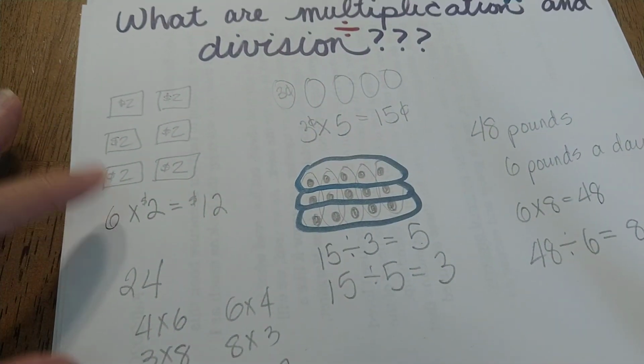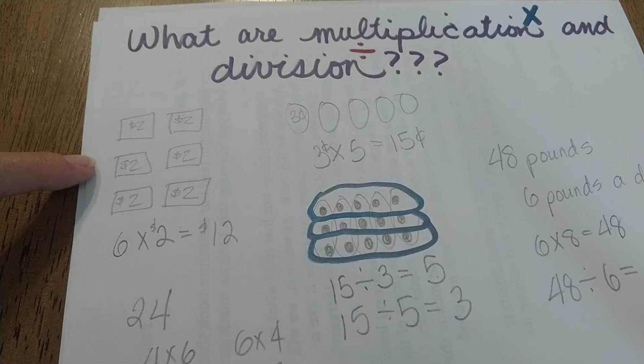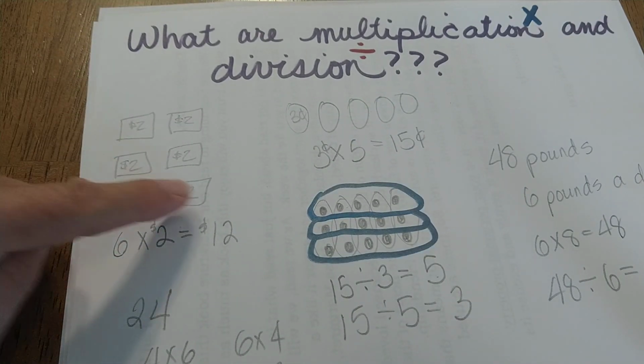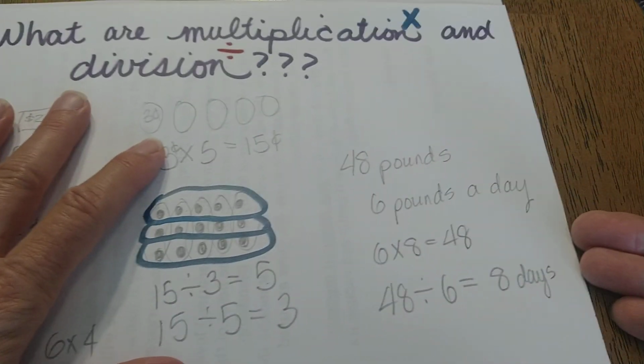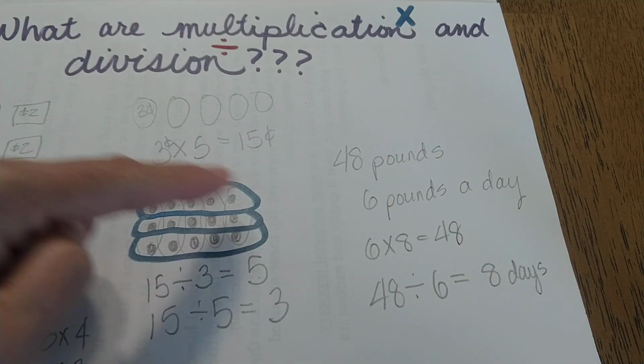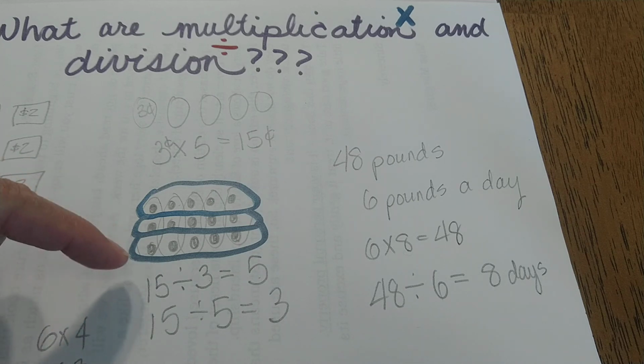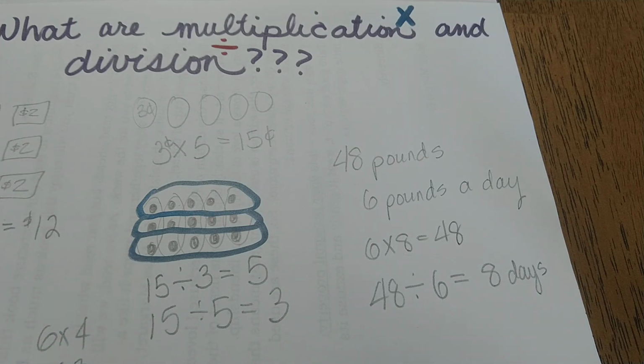And this is what you're doing. When you're multiplying, you're adding the same thing over and over, however many times you're adding it. When you're dividing, you're just breaking that big group up into equal size smaller groups. It's like subtracting over and over and over. But when you know your times tables, then you don't have to do all that subtracting.